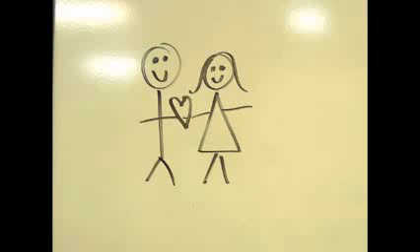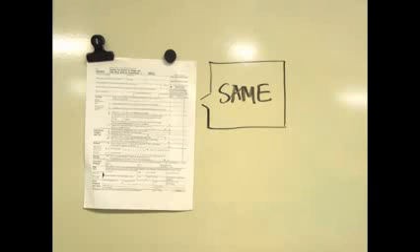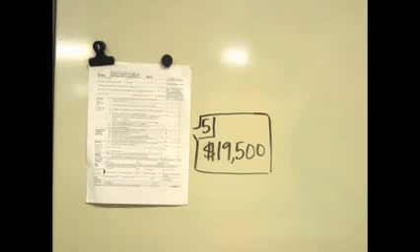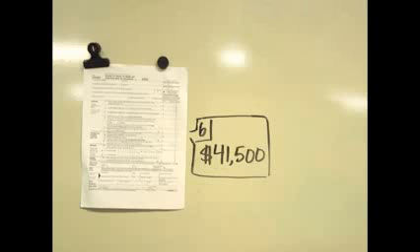What if Bill gets married? How will his taxes change? Well, assuming Bill's wife makes no money, then lines 1 through 4 will not change. In line 5, we use a standardized deduction for married couples of $19,500. This causes line 6 to change, reducing his taxable income to $41,500.